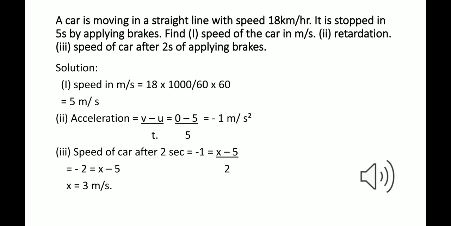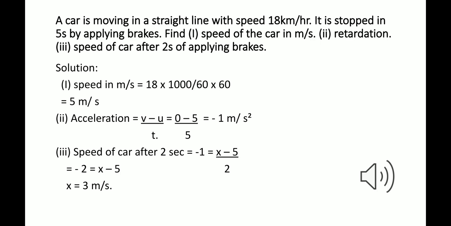Fine. Third, speed of the car after 2 seconds. Now you know the acceleration, that is minus 1. You know the initial speed, that is 5 meter per second. And you know the time interval, that is 2 seconds. You have to find out the speed of the car after 2 seconds.